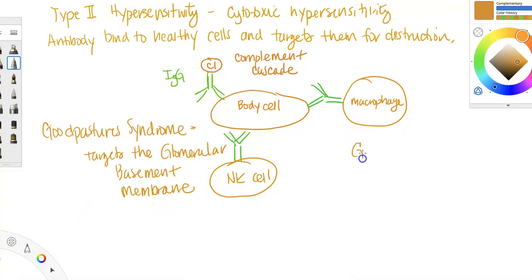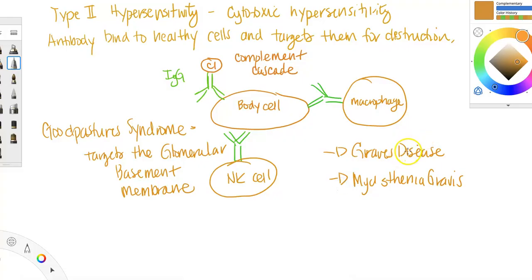Graves' disease and myasthenia gravis are two diseases that this causes a problem in.